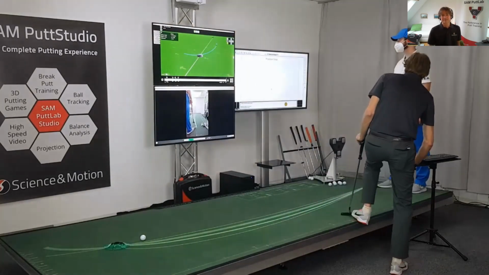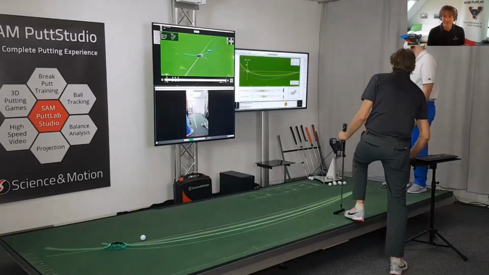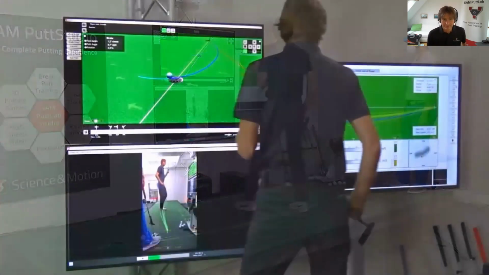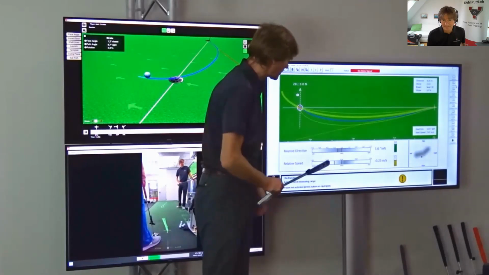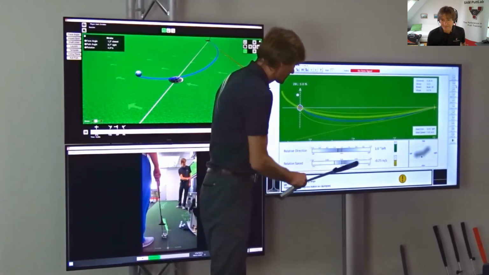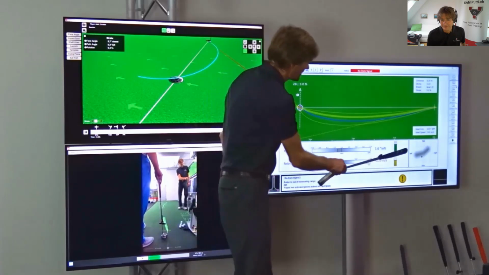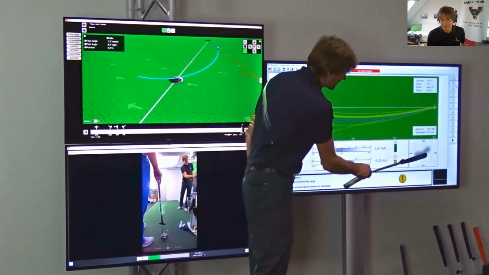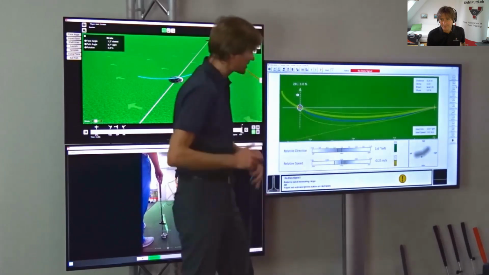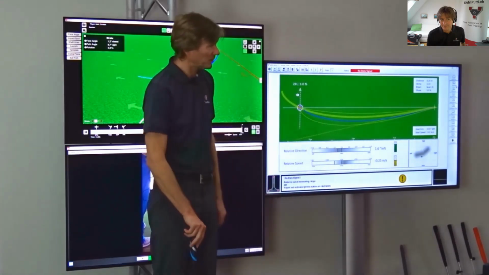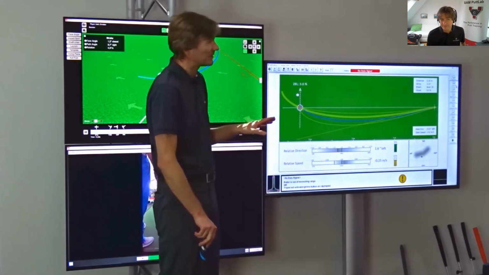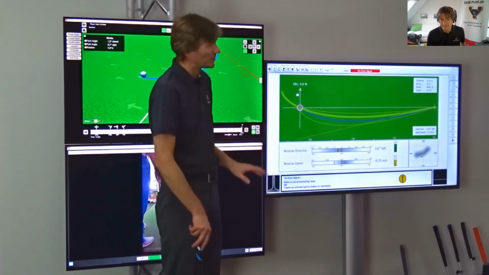Looking at the data, we see that the relative direction was now slightly left. Speed was slightly slow, but it was very close to the gray area. So this putt could have been holed already. It was still a little bit slow, but much closer.